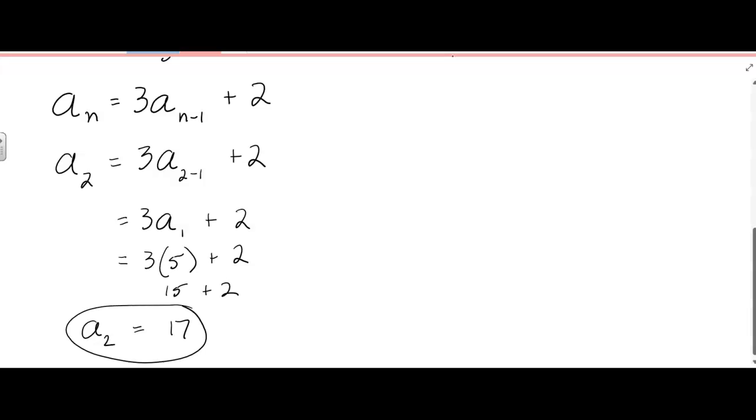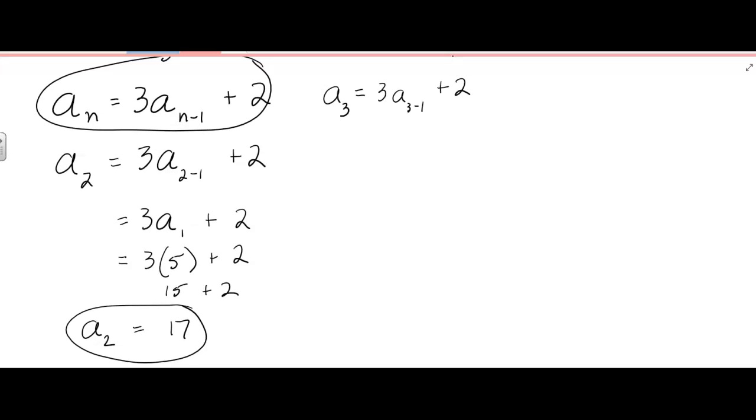Okay, check. Now I want to find a sub 3. Well, how do we find a sub 3? We're going to use this generator right here. We're going to say it's 3 times a sub 3 minus 1 plus 2. But what's 3 minus 1? So it's a sub 3 minus 1. That means a sub 2 plus 2.